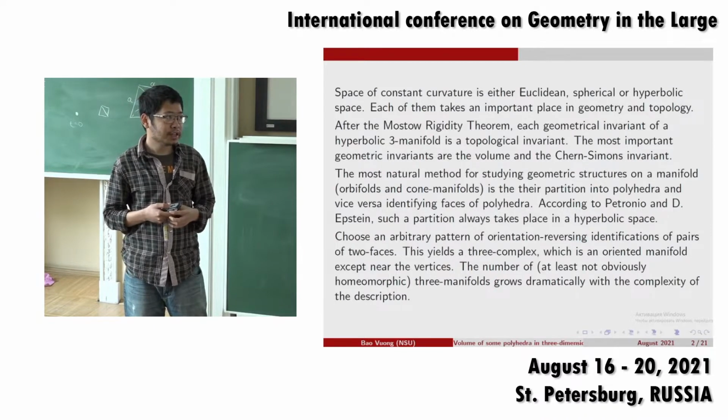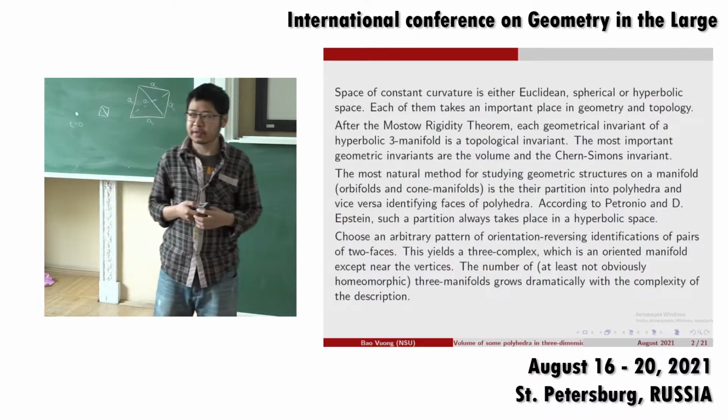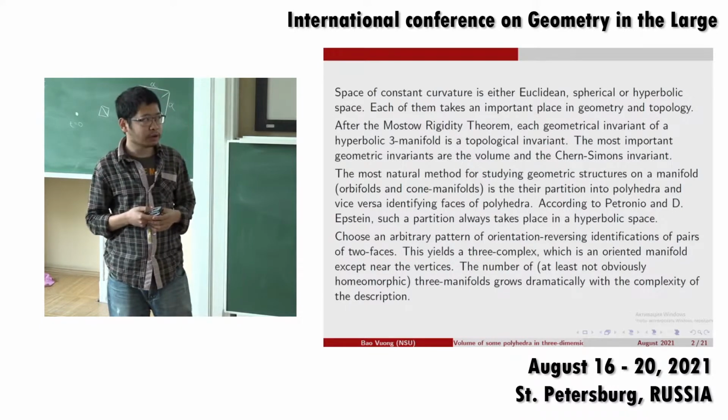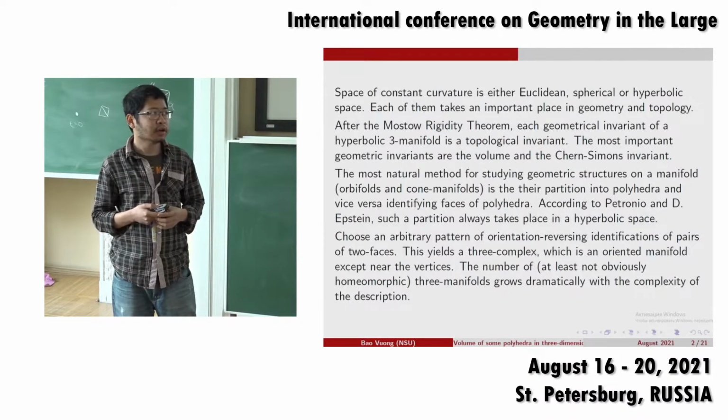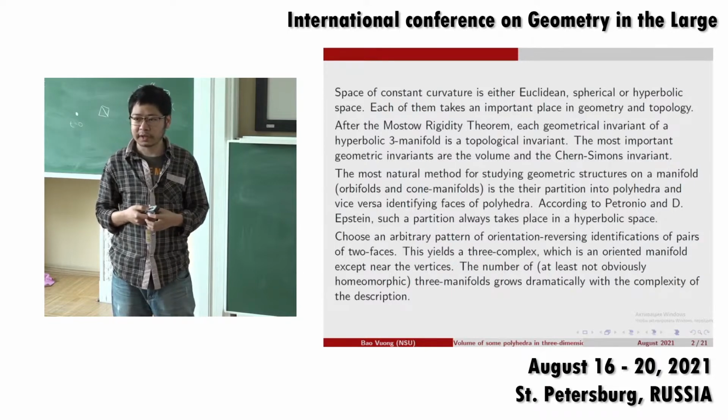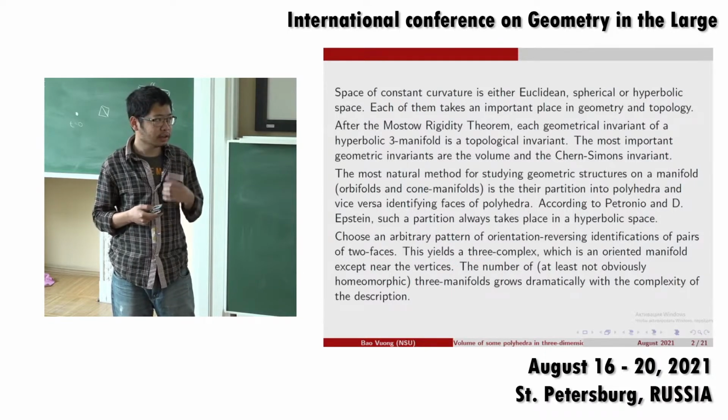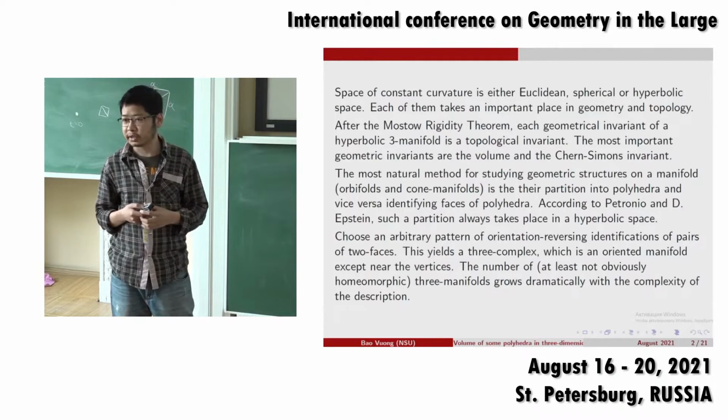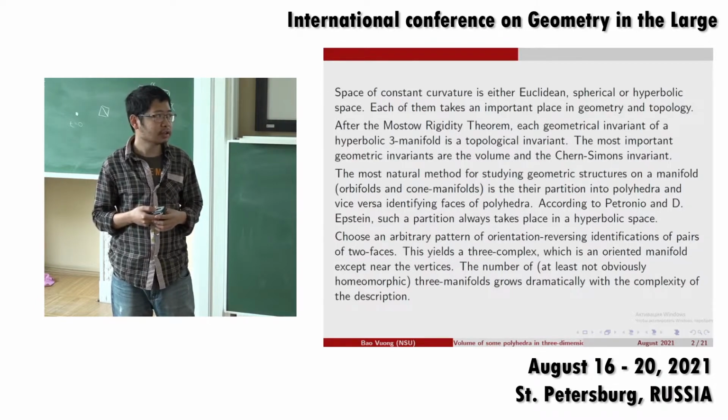After the Mostow rigidity theorem, each geometric invariant is a topological invariant as well. The most important geometric invariants are the volume and the Chern-Simons invariant.